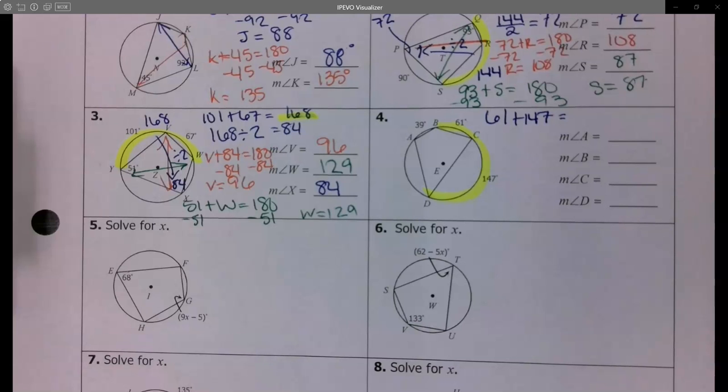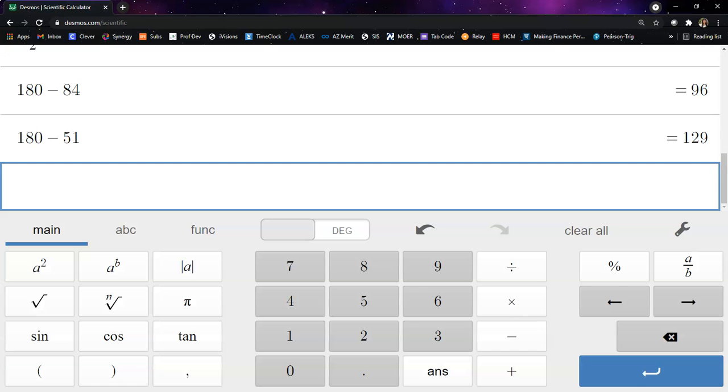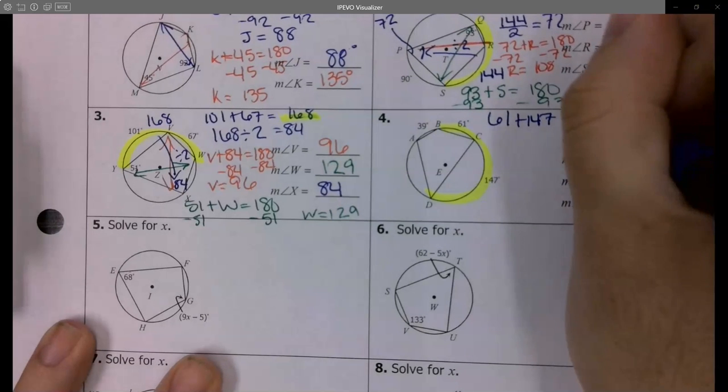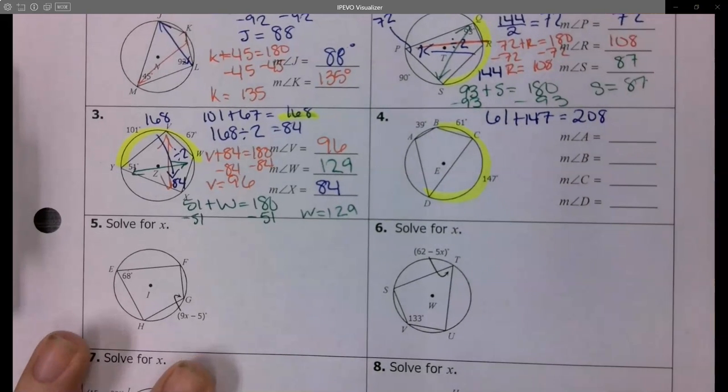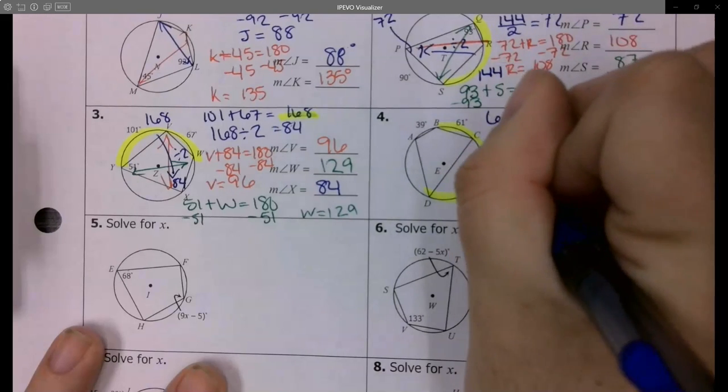So I want to add 61 and 147, which gets me 208. So this is the total arc length right here.